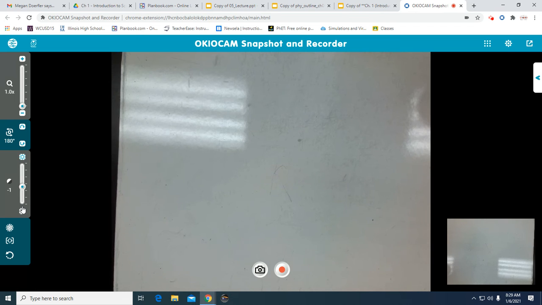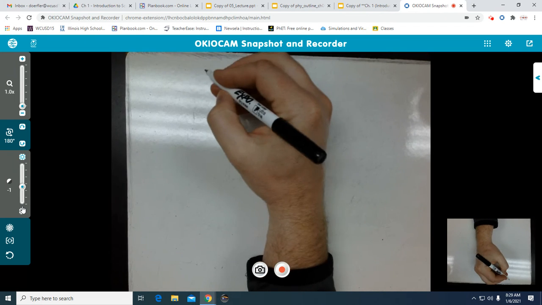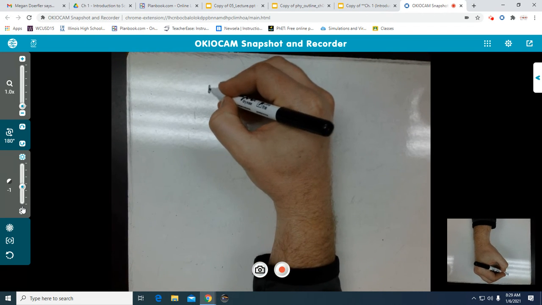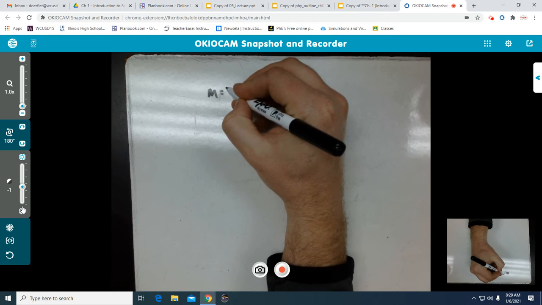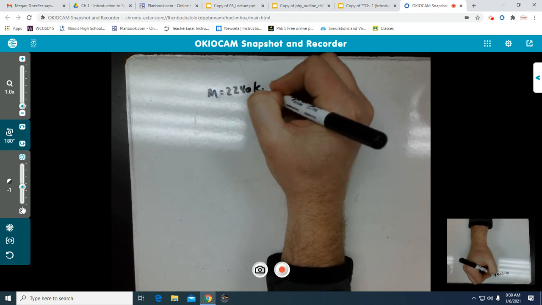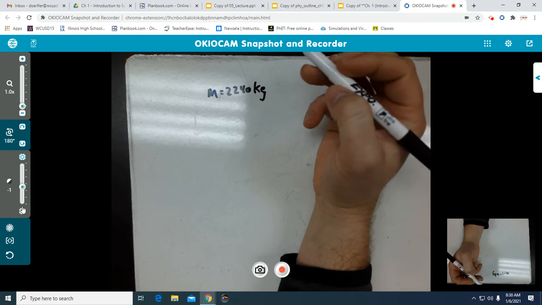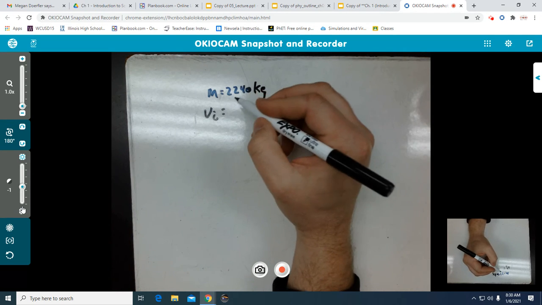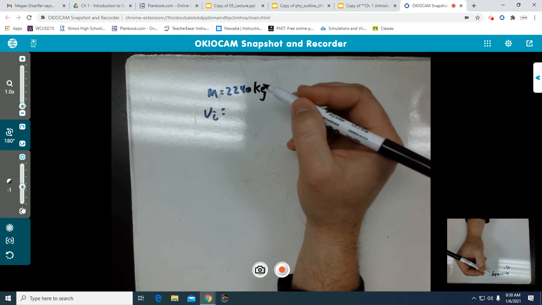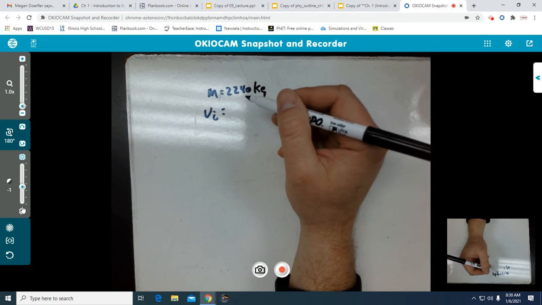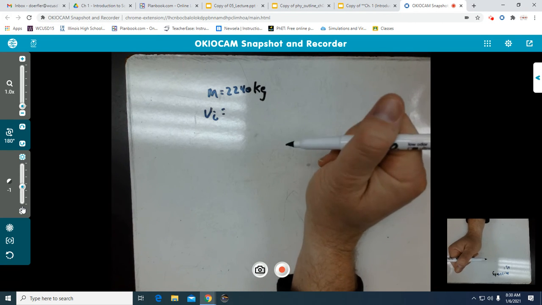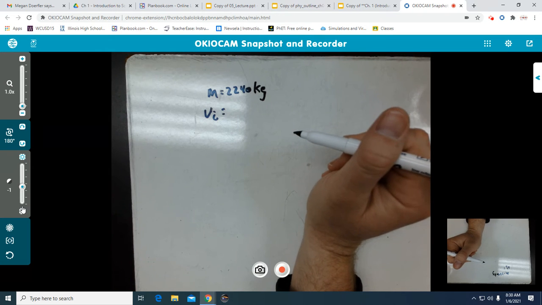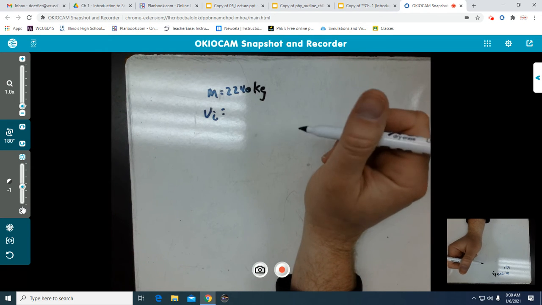First thing is, let's start writing down some information. We know that the mass of the vehicle is 2,240 kilograms. We also know that the vehicle is initially going 20 meters per second to the west. But again, these are vector quantities, so west is going to give us some new signage.